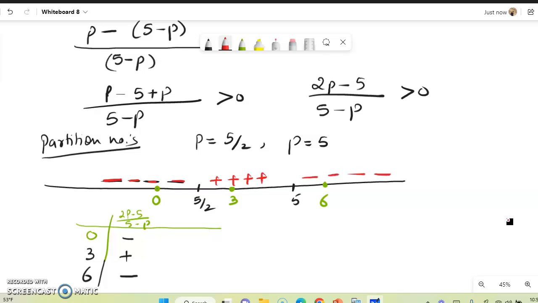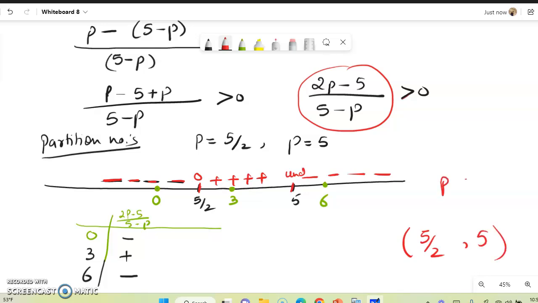So how will we write the answer? We wanted to know where this is positive. Between 5 by 2 and 5. 5 was undefined and 5 by 2 was 0, and it's just strictly positive. There is no equality here, right? So we answer 5 by 2 to 5.